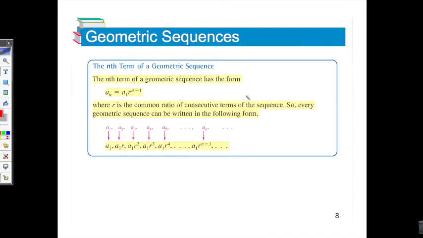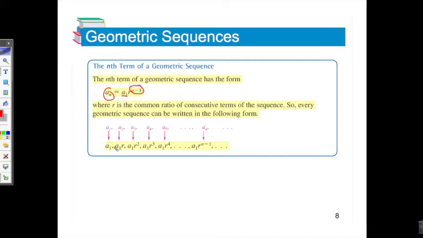Alrighty. Now, just like there was a particular format for arithmetic sequences, there is a particular form for geometric sequences. So my sequence will equal the first term times that ratio value, that r, which will then be raised to the exponent of n minus 1. Ready?